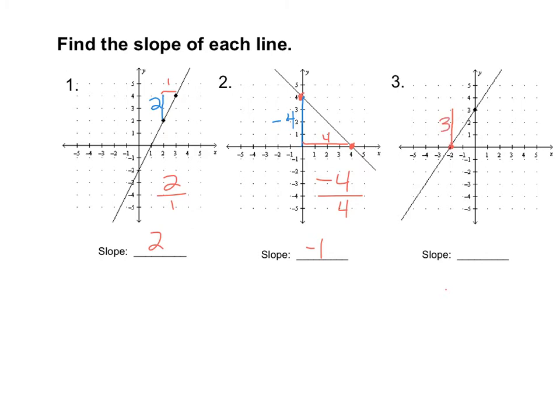So it's going up 3. And my change in x, if I switch colors here, is going to be 2. So I've got +3 over 2. I'm going to make a fraction like that. Can't really reduce or simplify that any further, and so I'll simply use that fraction as my slope.